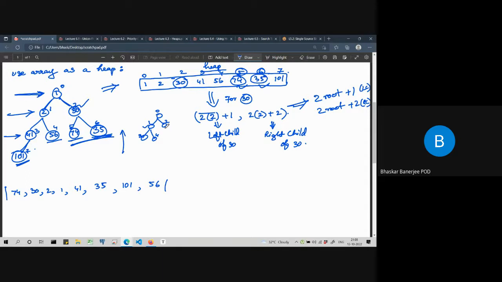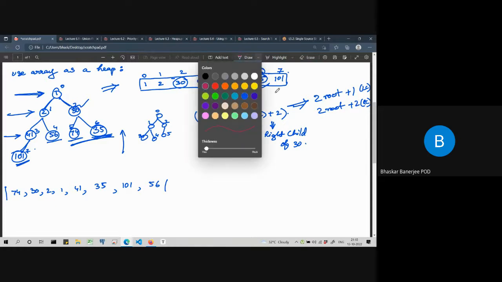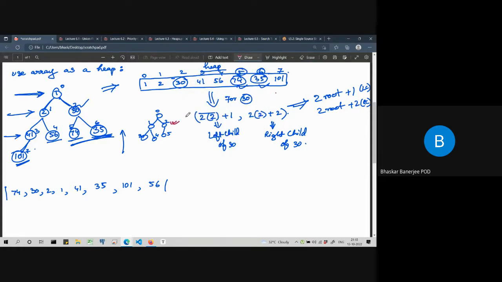If I add one more index, let's say over here, this is 5, then what would happen? Then this node actually becomes my first parent node from the bottom, because 5, 4, 3 are leaves, and 2 is the first parent node.